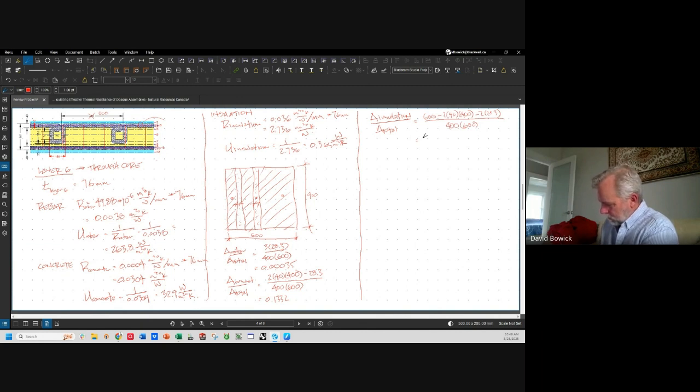Clearly, 600 times 400 makes a difference. 600 times 400 is the total area, minus the 2 concrete strips, minus the 2 pieces of rebar, divided by 400 times 600. That's 0.8664.